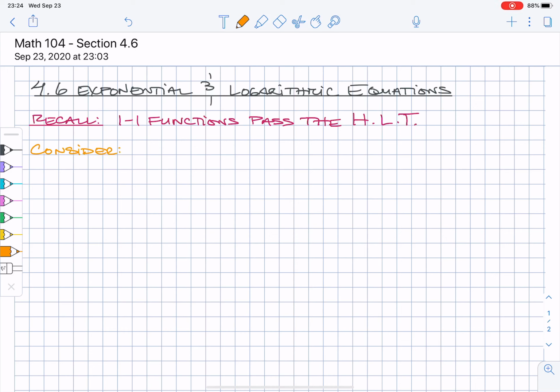We have to plot the graph to use the horizontal line test. So x and y coordinate axes. Let's look at an exponential function. Say we have a normal exponential function, something like so. So a to the x.